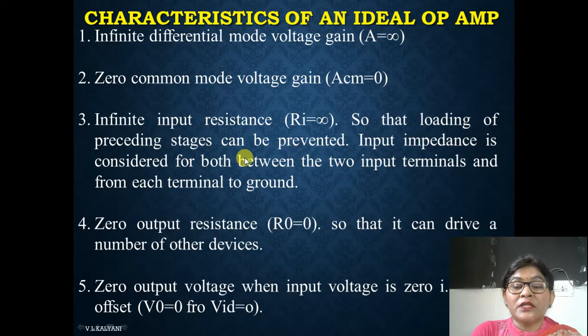Input impedance is considered both between the two input terminals and from each terminal to ground. The next one is the output resistance, it should be equal to 0, so that it can drive a number of other devices. And the next one is the output voltage will also be 0.